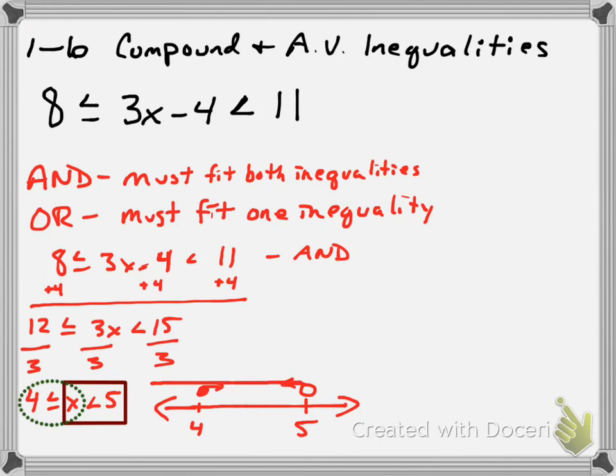So if I have x is less than 5 as a red graph, and x is greater than or equal to 4 as a blue graph, the area that's both is the area that's purple, that's red and blue at the same time.